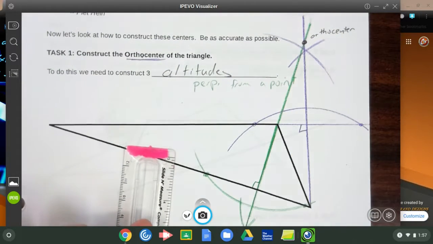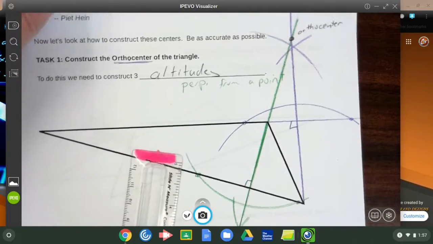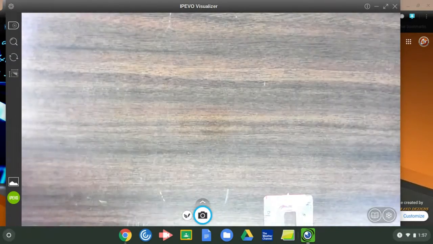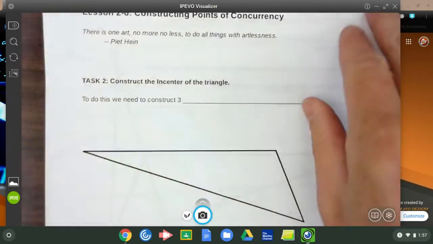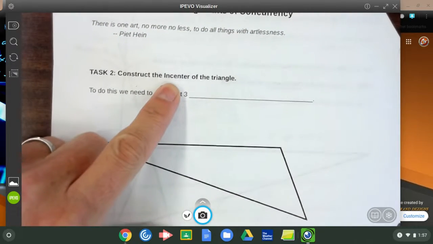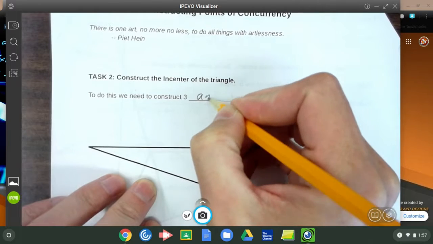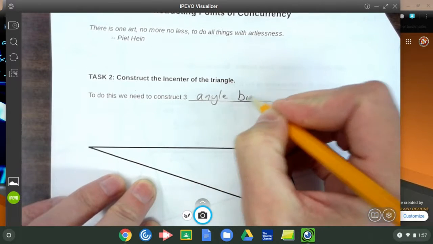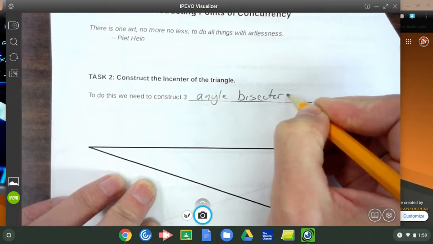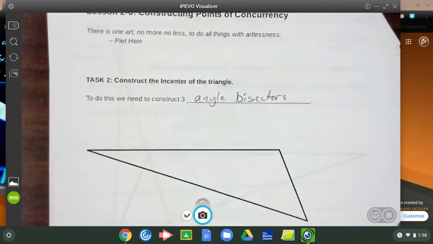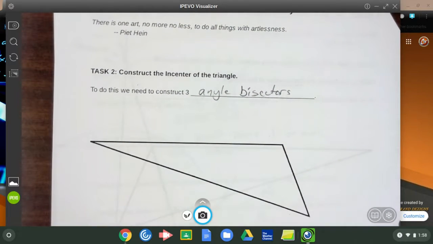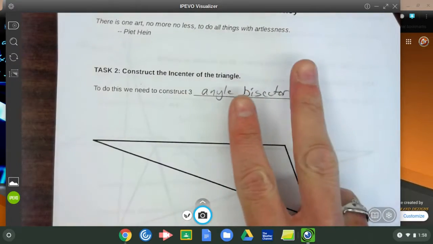Okay? So now, let's look at another one. That's the orthocenter. The other thing we did was the incenter. And if you remember, the incenter was constructed with the angle bisectors. So I'm going to construct 3 angle bisectors. And actually, again, I'm only going to do 2.